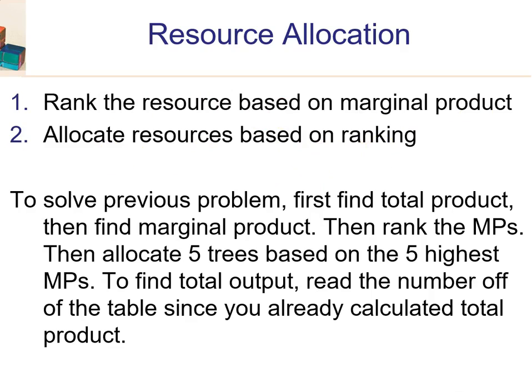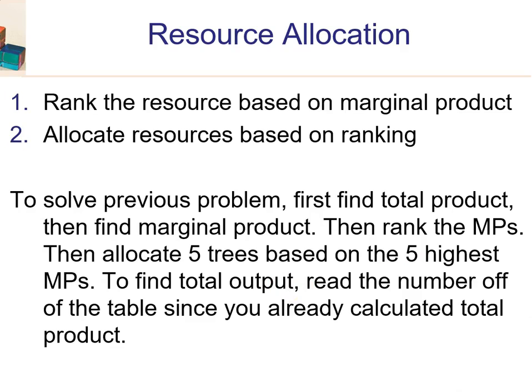So to solve this question, you first need to calculate the total productivity, and then find the corresponding marginal productivity. Rank your marginal productivities, and allocate your 5 trees based on the highest 5 marginal productivities, since you have 5 trees to plant.